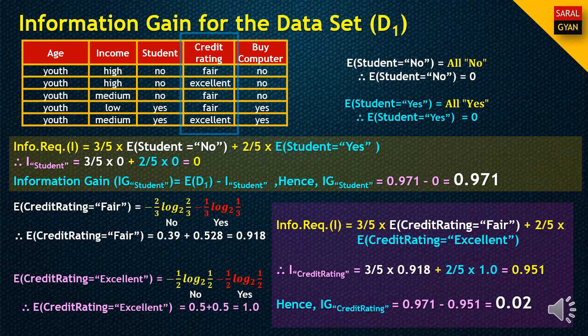Now we have calculated the information gain for all the attributes: income, student and credit rating. Now we'll compare the values and identify the attribute on which the next, second level splitting can be done.